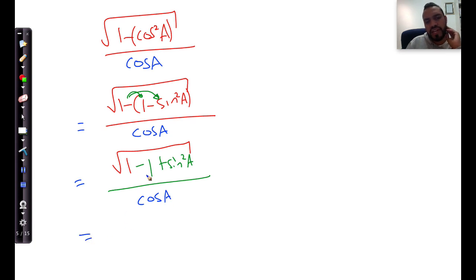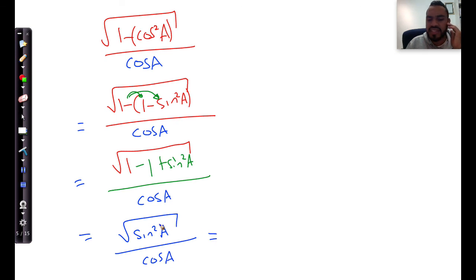Now this 1 minus 1 just disappears, leaving the square root of sine squared A divided by cos of A, and that's simply equal to sine of A over cos of A. And sine of A over cos of A is a known identity. It is equal to tan of A.